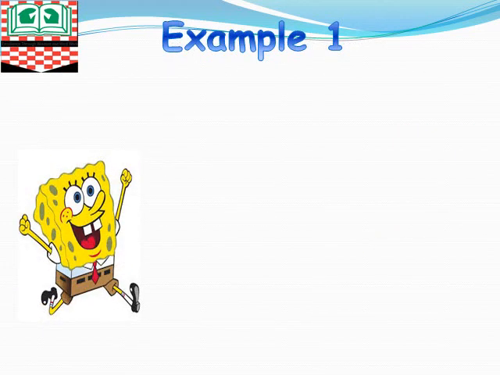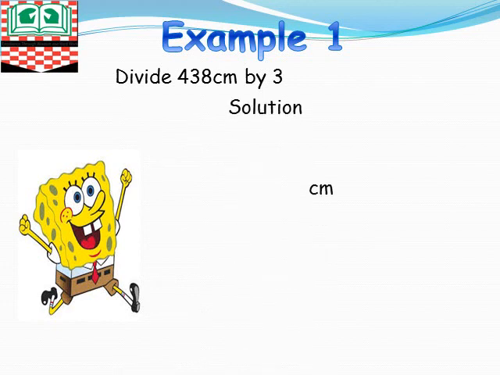Let's take some examples. The first example says, divide 438 centimeters by 3. So what do we do? We write our units. We want to divide 438, right? We divide it by 3.